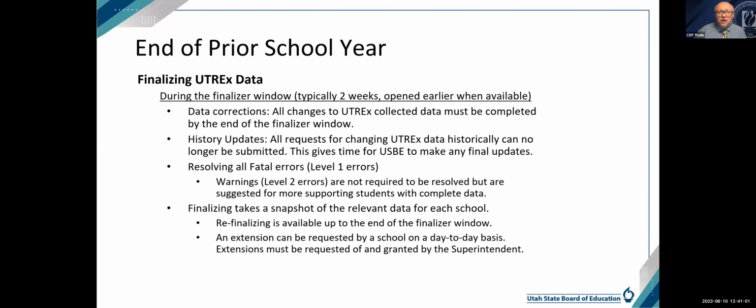That's one of the reasons why you need to plan to be involved throughout the entire finalizer window. Even if you get everything done early, it doesn't mean there are not side effects from students in other schools who are still associated with students that are also going to your school. So that's an area to be aware of and to keep in mind, to not just walk away, or that could impact those not getting resolved.